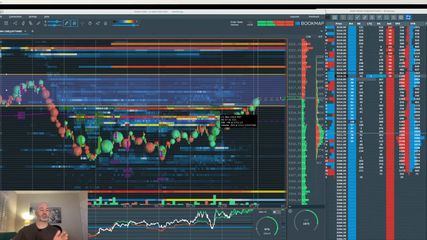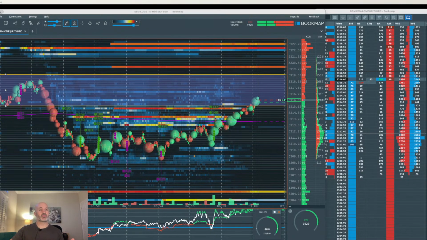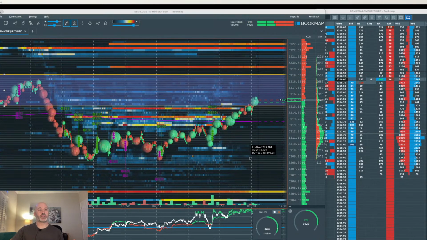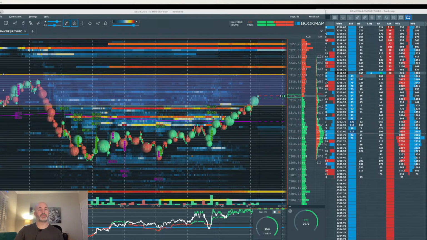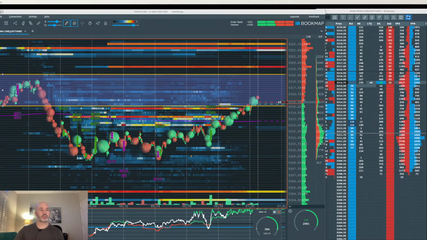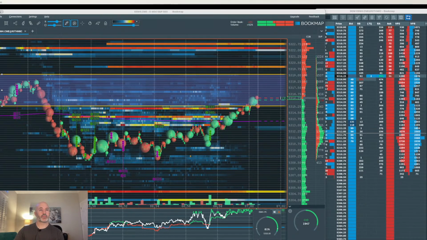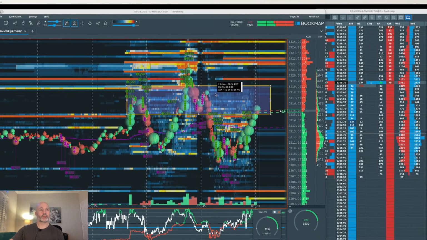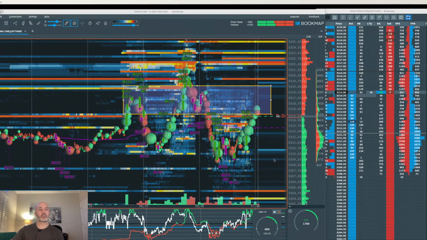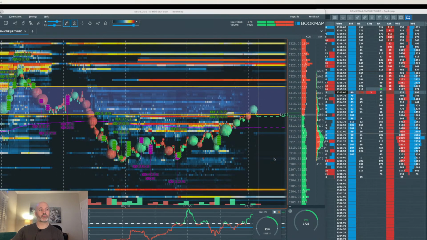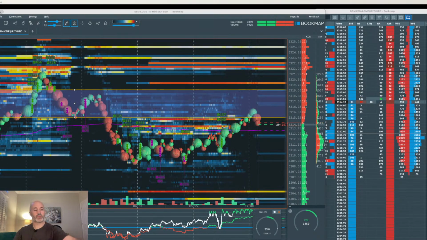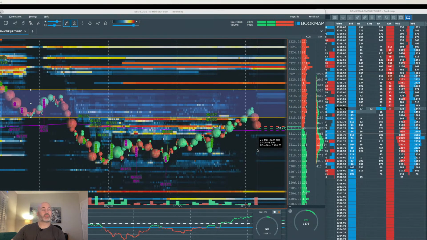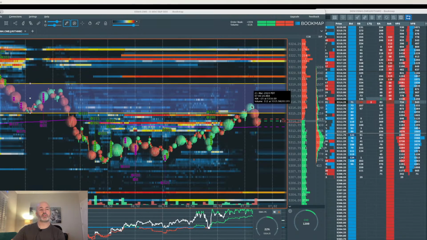I'm still new, but one of the things I'm noticing is that the market tends to want to push into the liquidity to grab that liquidity, and then sometimes it'll take the other direction once it hits that liquidity. And there's that liquidity grab and move to the downside.